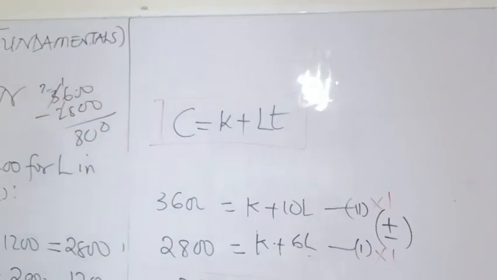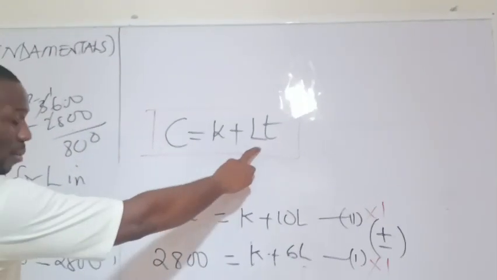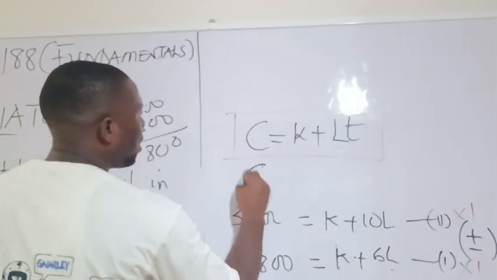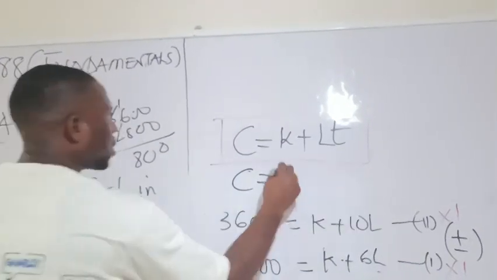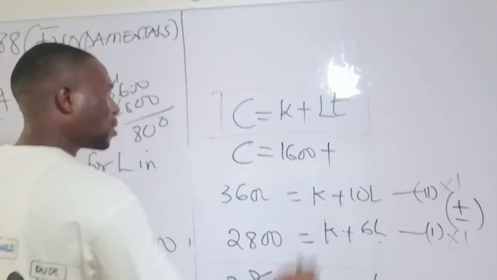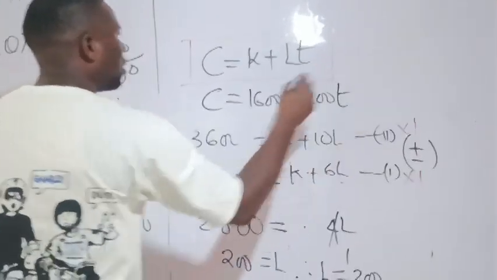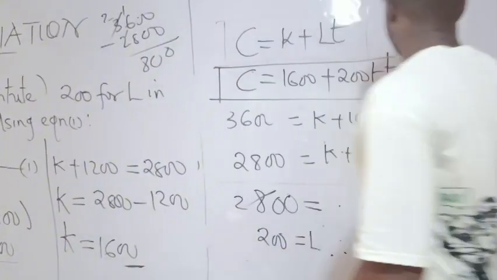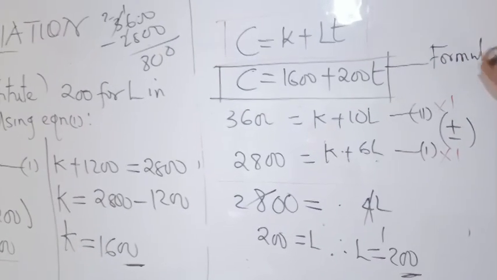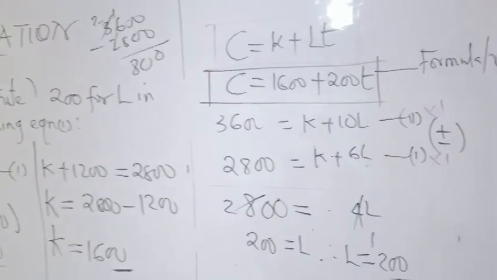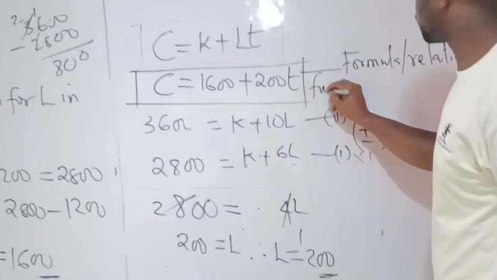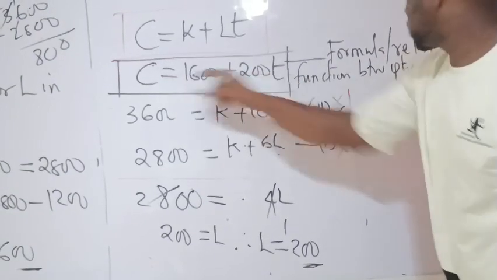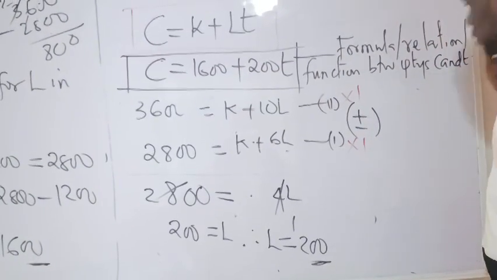To make this quantitative now, I could just stick in the values of the constants K and L, and this defines the relation between C and T. So C is equal to K is 1600 plus L is 200, times T. So this is the formula, or relation, or the function, between quantities C and T.